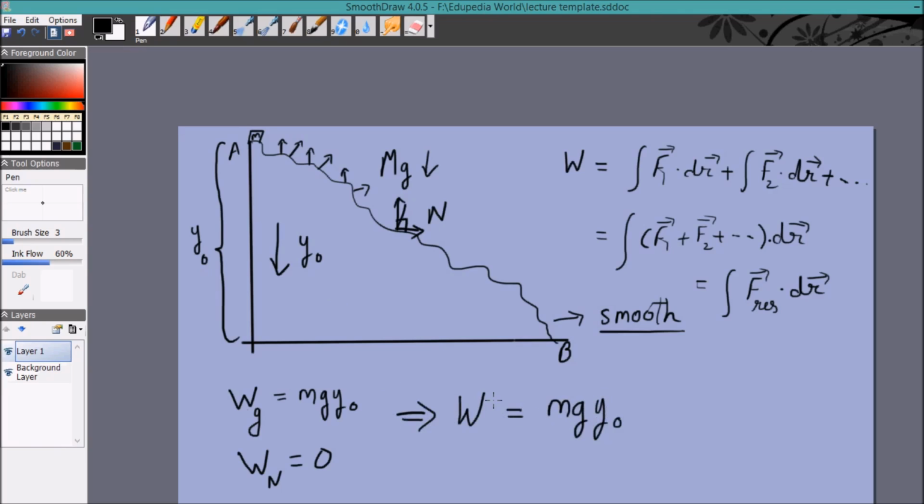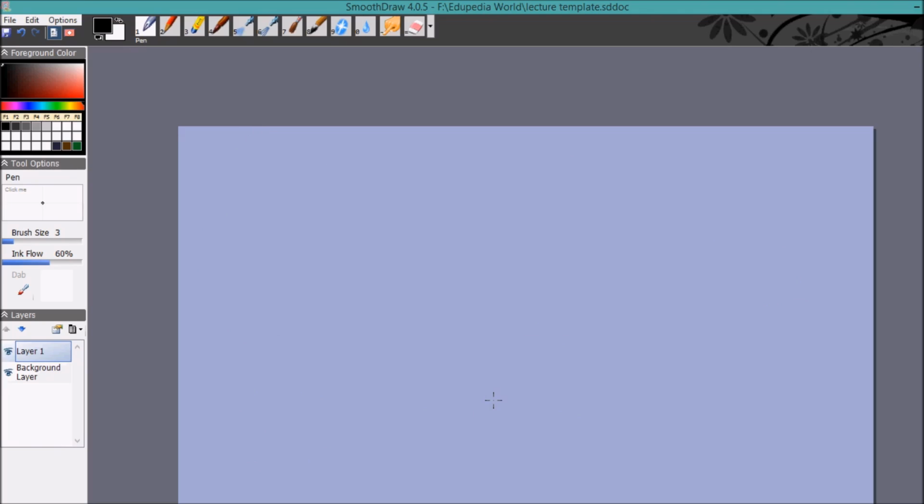Right? Let's take the third and final case, that is spring forces. We've seen spring forces before, but I'll do a small recap of them. These are my fixed walls.